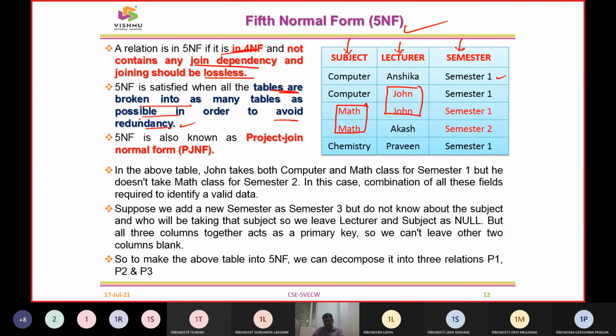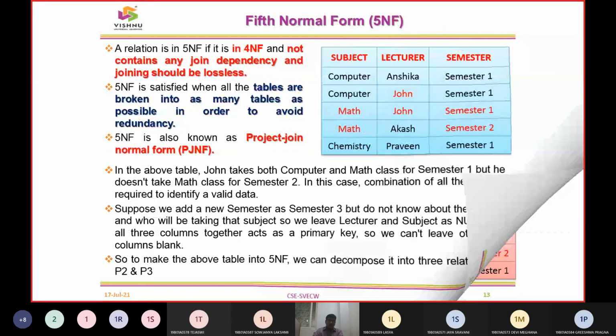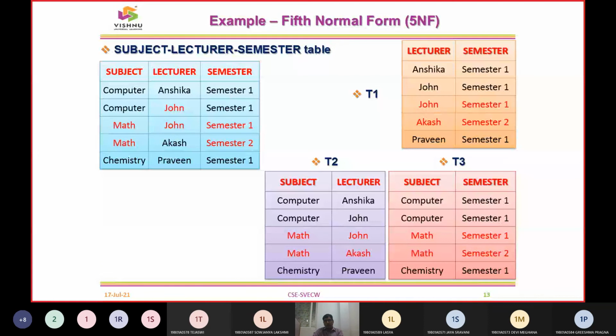To see that it is in the fifth normal form, let us note that it has to be decomposed into multiple tables. So obviously we have the main table, that is subject, lecturer and semester table.